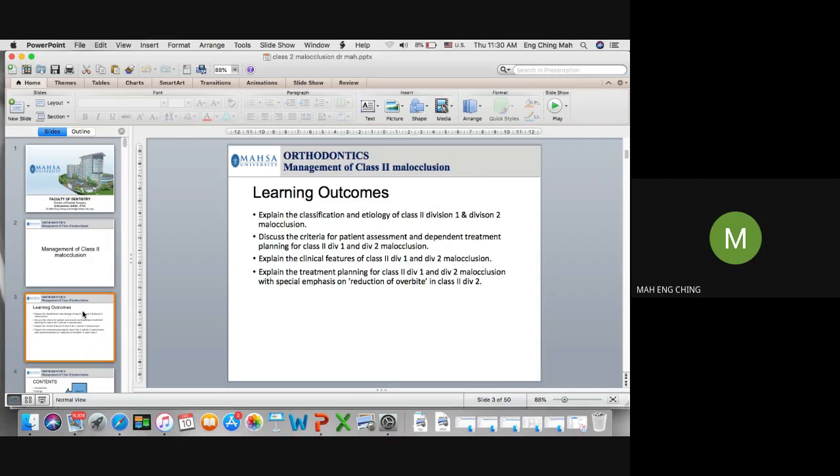Okay. Can someone tell me the etiology of class 2 division 1? Just name the factors involved. Etiology. It can be skeletal. It can be dental. It can be due to habit. Okay, what's the skeletal?